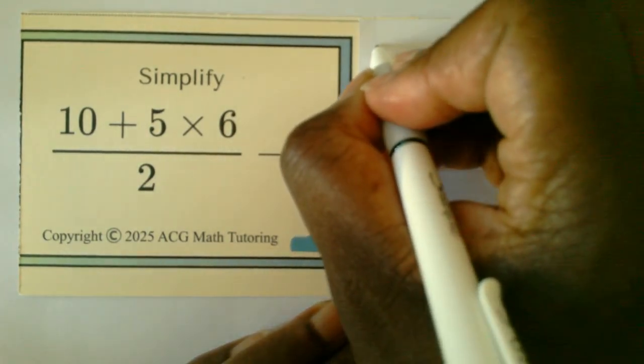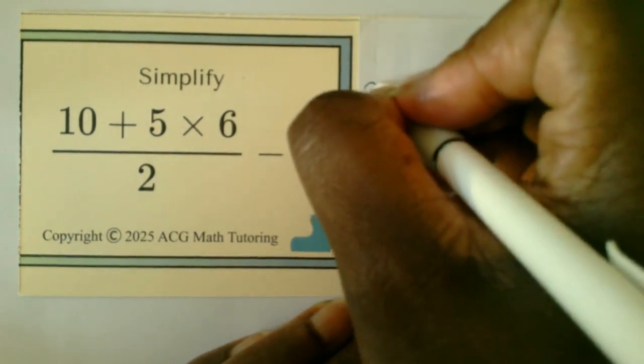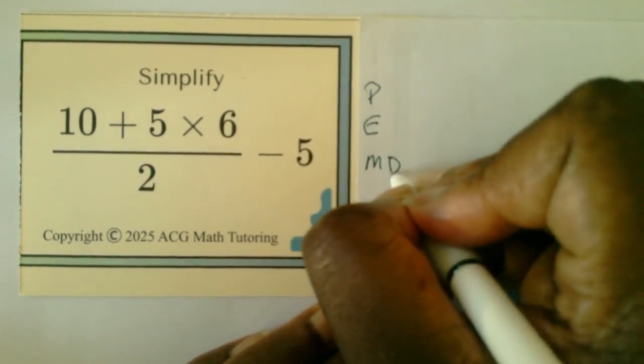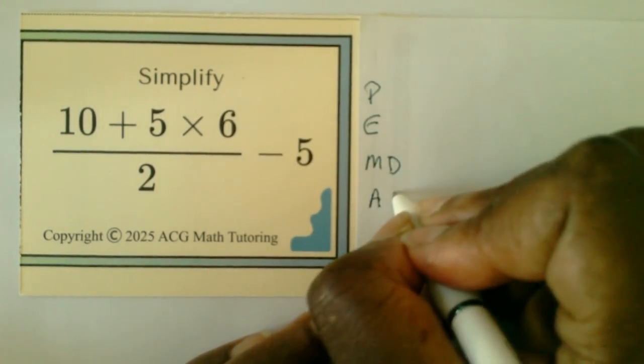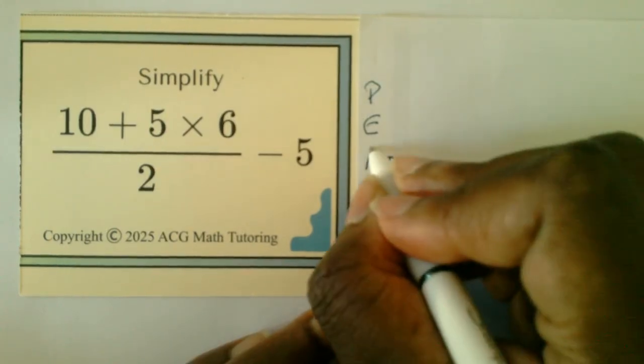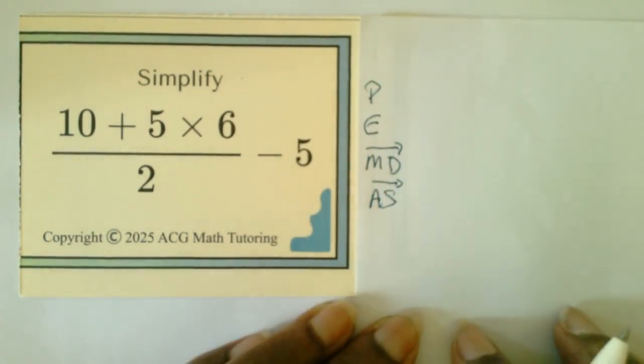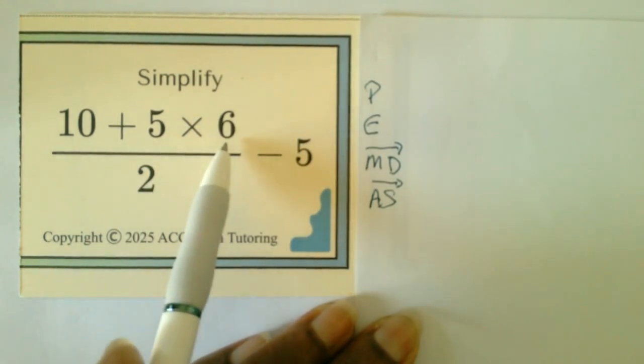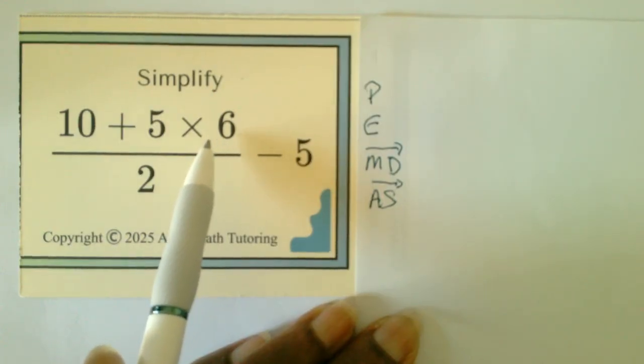So if we are following that rule, the major part that everyone forgets is from left to right. So right now, we have a whole entire expression going on in the numerator. So what do I combine first?